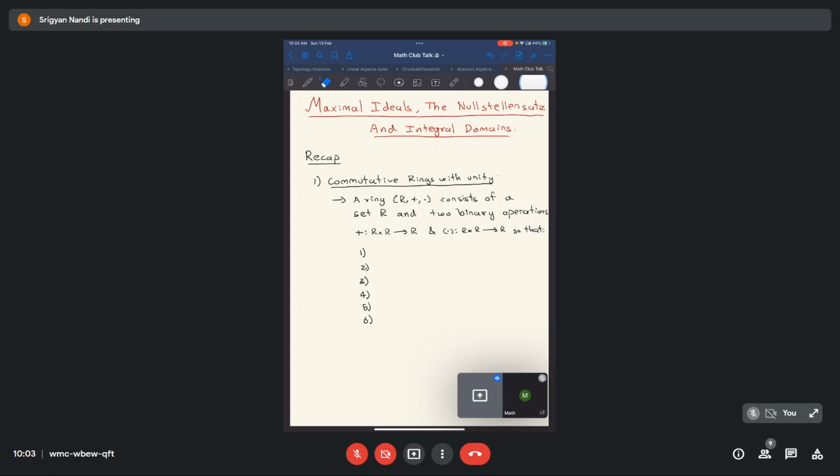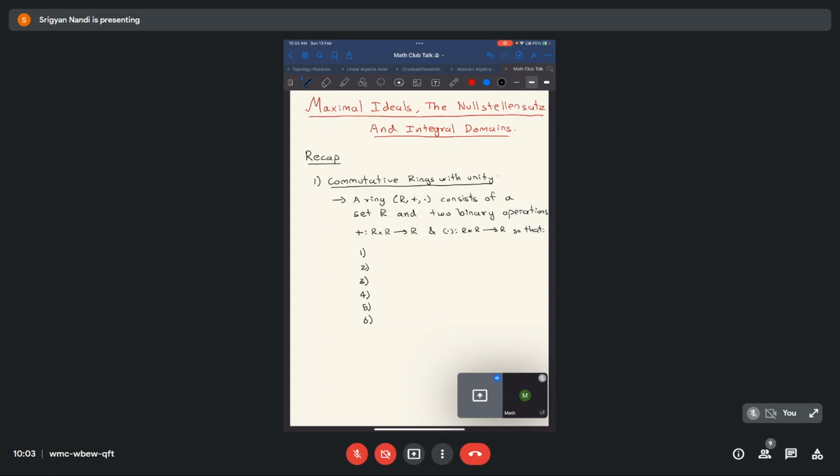I'll just do a quick recap of what Sunshine spoke on yesterday. I think this should take around 2 or 3 pages. He defined a commutative ring with unity as a set R with two operations, plus and the product.